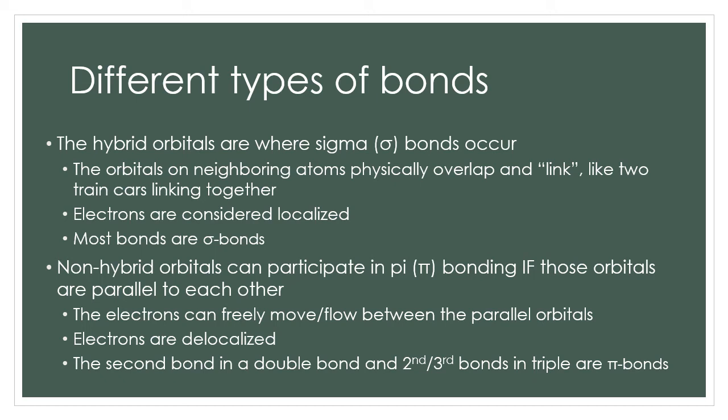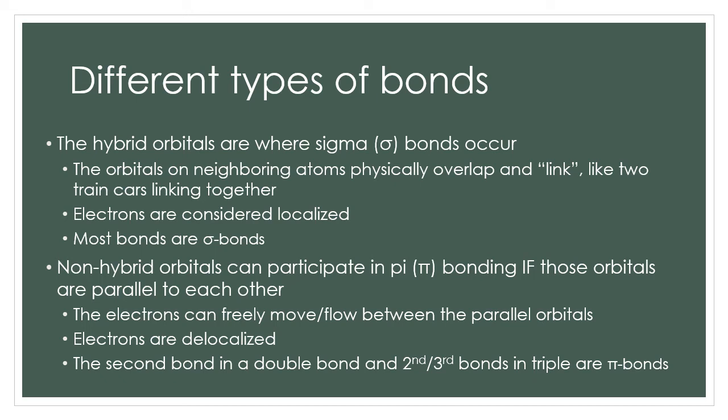In these, the electrons are located in that shared space most of the time, and electrons are considered localized. They are trapped between their 2 atoms. They can only be found in that central space or possibly spending a little bit of time with one of their 2 atoms.